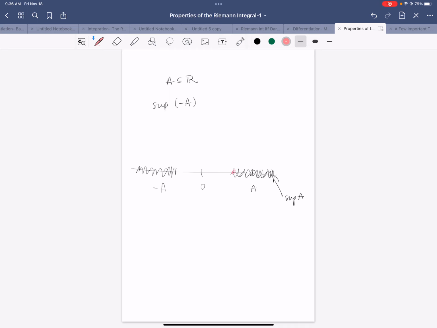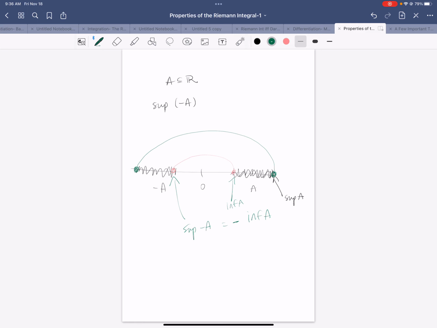So this point here would be sent over here. And my sup would be sent here. And so my sup of minus A is going to be minus the inf of A, right? Because that's the inf of A.